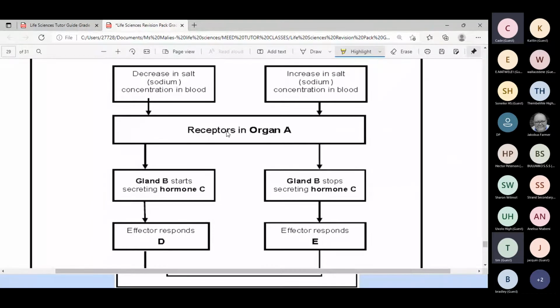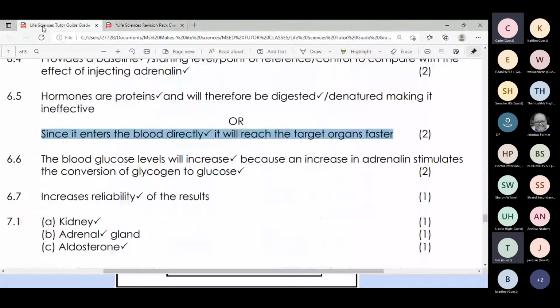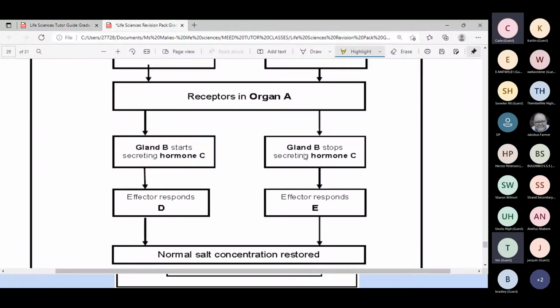The receptors in the kidney are stimulated. Gland B starts to secrete hormone C.